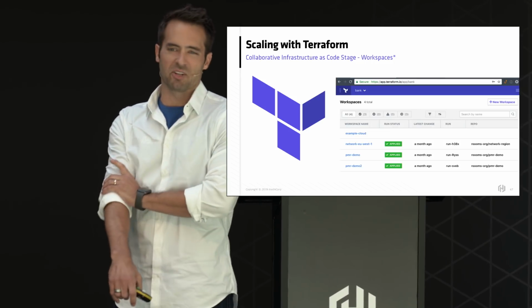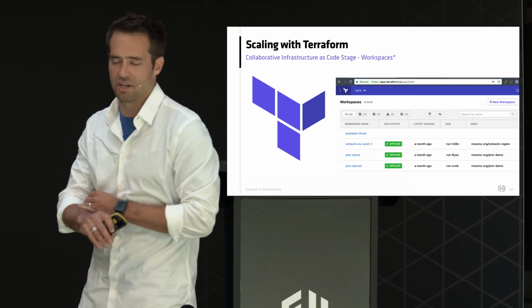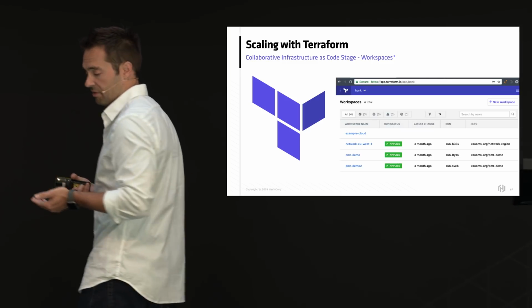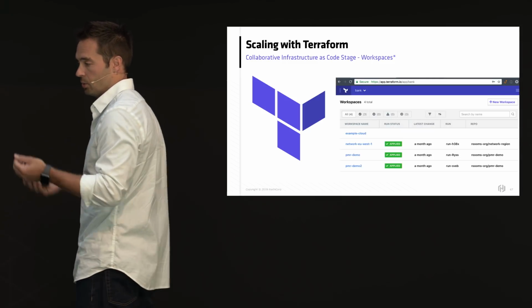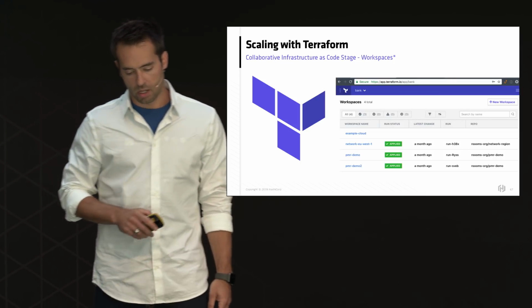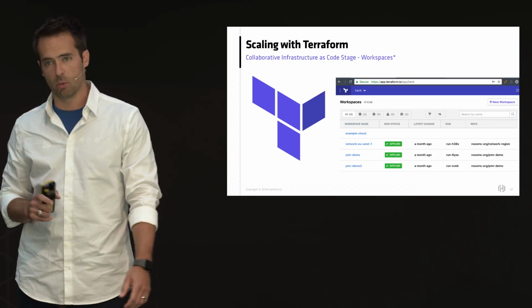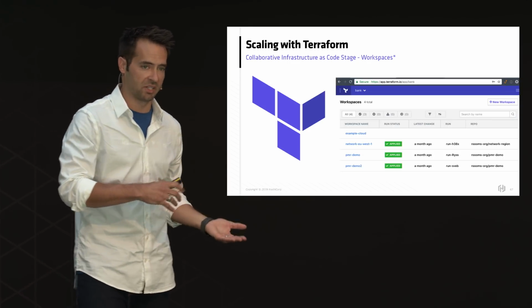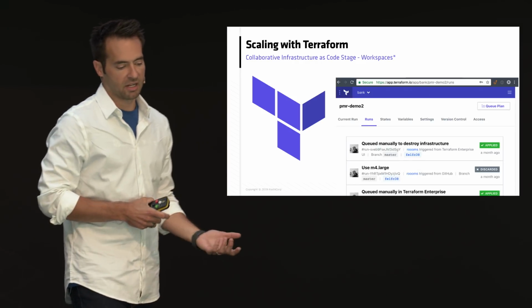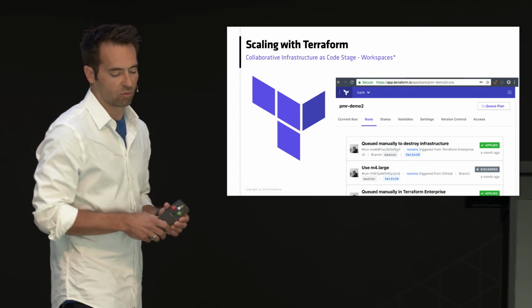That doesn't mean the state file is going to be shared side by side, and you're no longer probably going to use interpolation of the workspace to set up your variables there and to create your differences. And each of these workspaces are actually available as a data source to other workspaces, so you can still share things across workspaces. If you look at an individual workspace, you start seeing a run history.